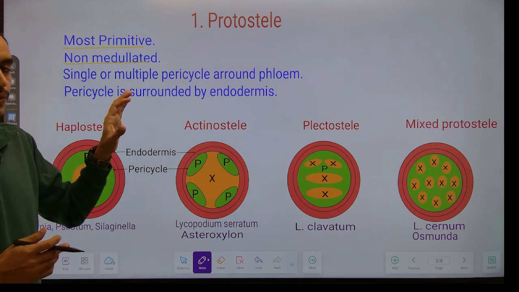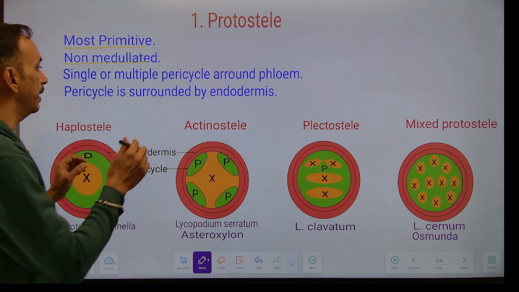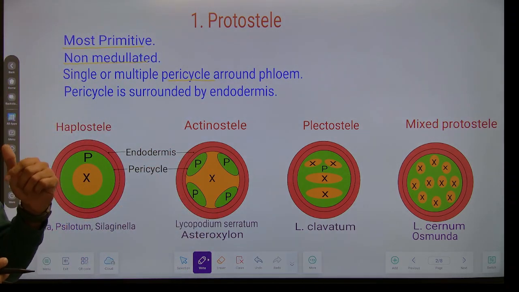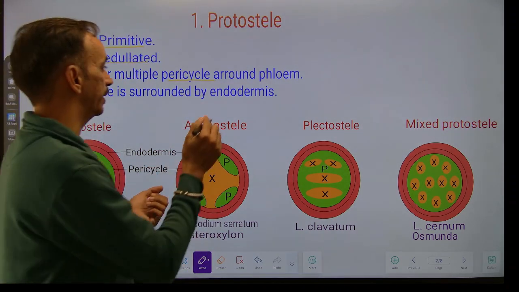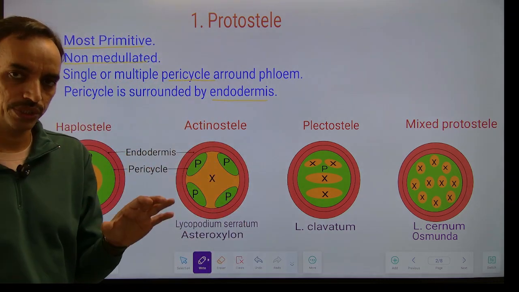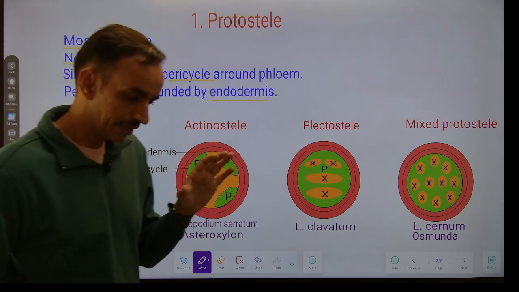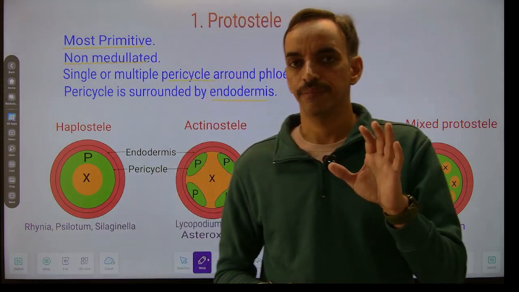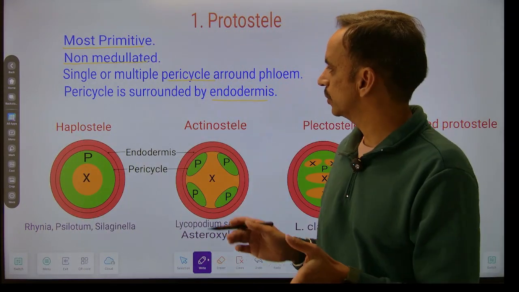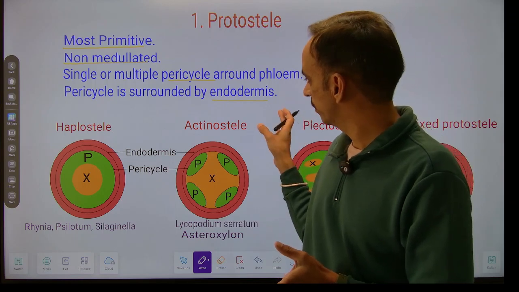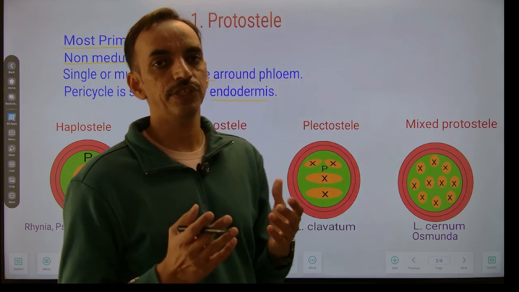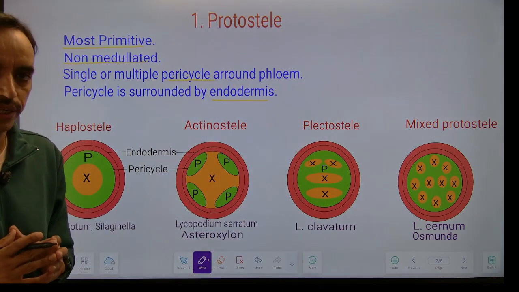There is a presence of single or multiple layers of pericycle around the phloem, which in turn remains surrounded by the endodermis. So this is the basic structure of protostele, where there is an absence of medullated tissues or pith.